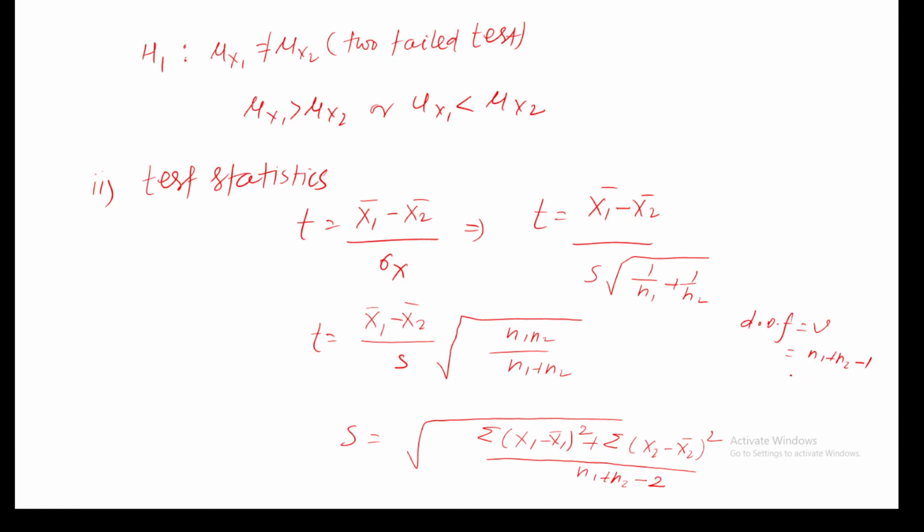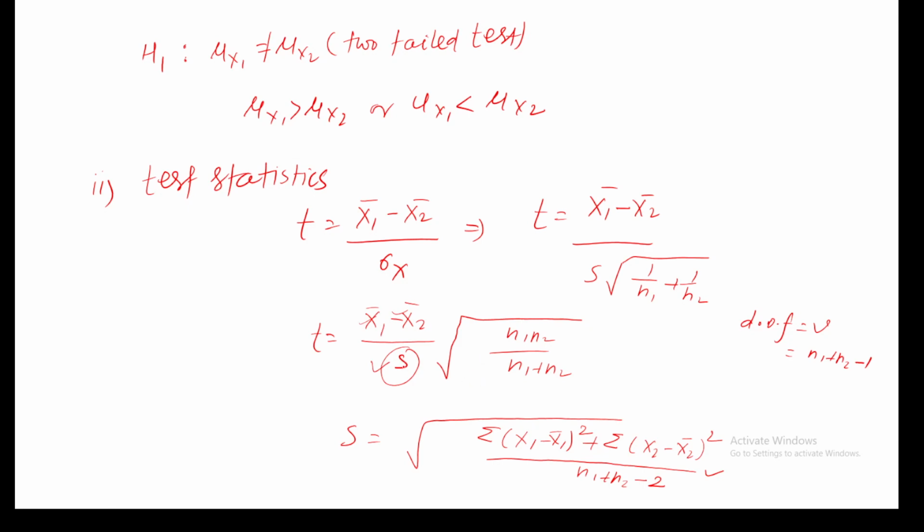Can we remember the last formula directly? Yes, you can remember. If they have given the sample sizes and directly given the standard deviation, no need to remember; you can put the standard deviation and the values here and get the answer.